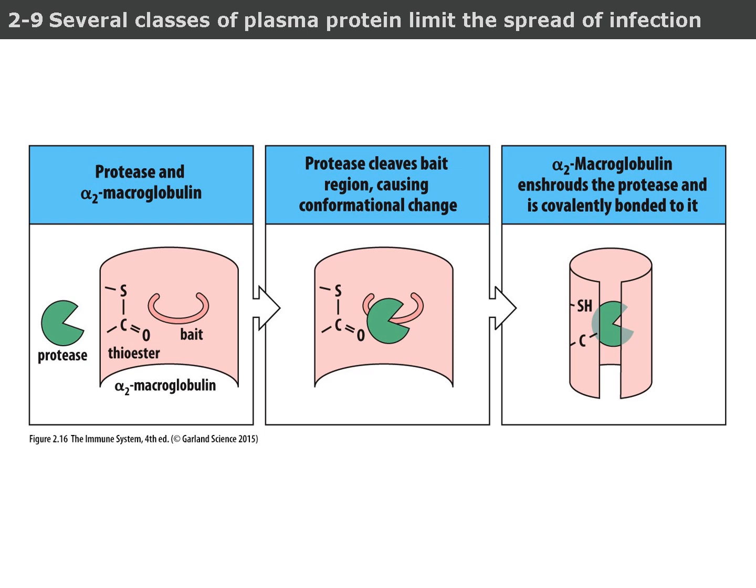Not only is the protease now physically enclosed, but a covalent bond also forms between the protease and the macroglobulin, locking it in place. With its movement and activity halted, the enzyme can no longer break down host proteins or assist in microbial spread. This mechanism is part of the body's elegant strategy to neutralize invaders and keep infection from spreading.